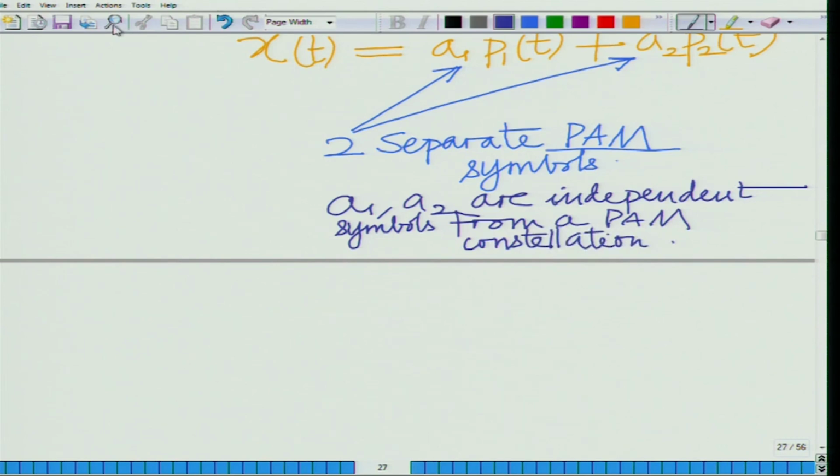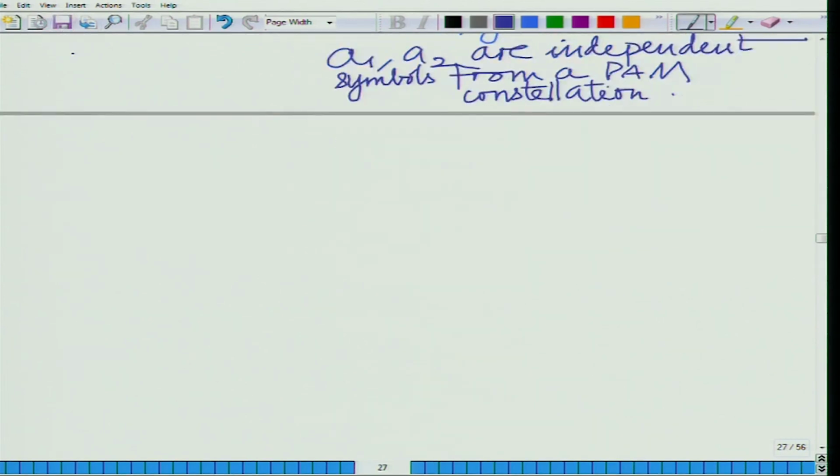So we have pulse P1(t) on which we are transmitting symbol A1, and pulse P2(t) on which we are transmitting symbol A2. Both A1 and A2 are individual PAM symbols.